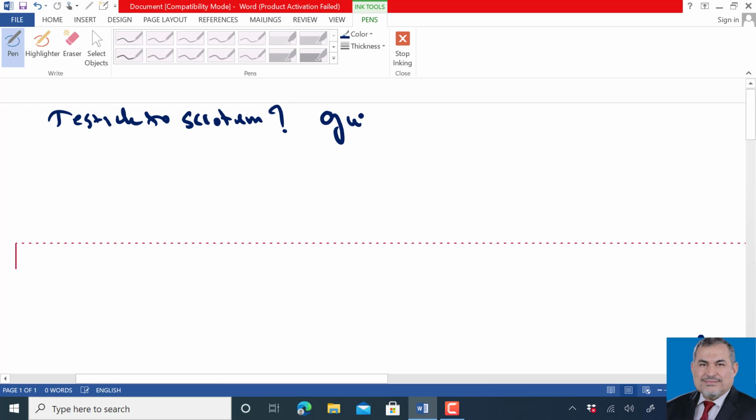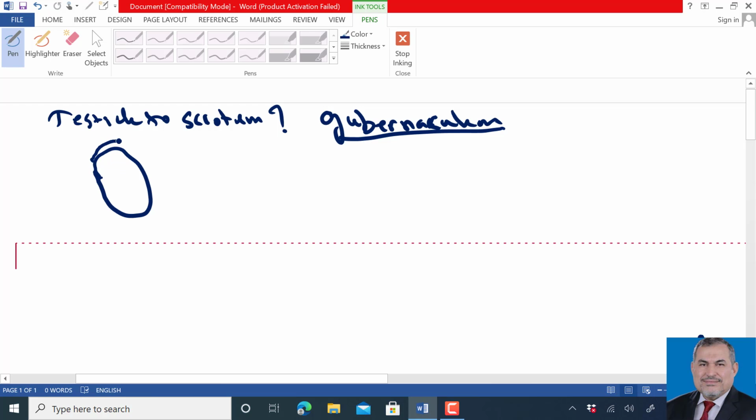What we call gubernaculum, the structure that attaches testis to scrotum. What are the remnants of processus vaginalis around the testis? We call it tunica vaginalis.